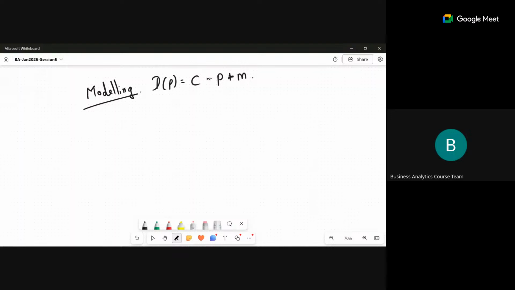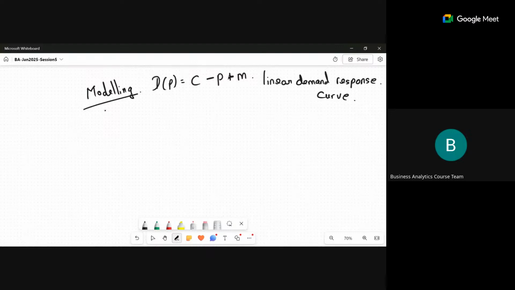So this was your basic linear demand response curve. The curve is linear; that is what we are given. Now the question is, if I want to model this curve, I have to create a model. Only then will I know what M and C are, and so on.